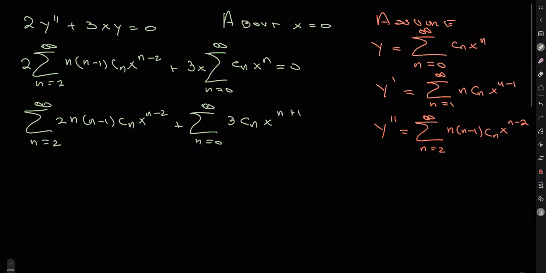In this case, the n plus 1 comes from multiplying x times x to the n, giving the power x to the n plus 1. And let that one be equal to 0.